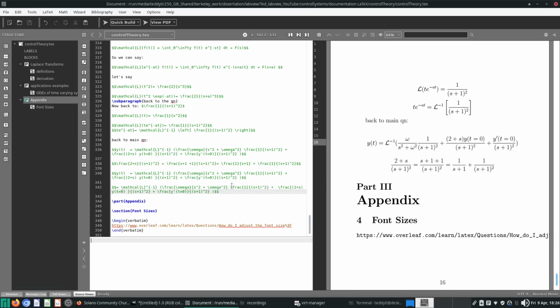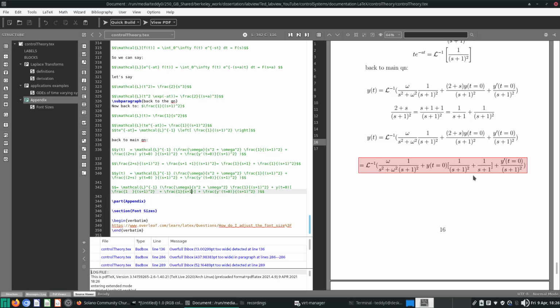This thing we will just rewrite as what we just derived. y of t equals, the initial condition will come outside, then I'll just bracket this: 1 plus 1 over s plus 1.